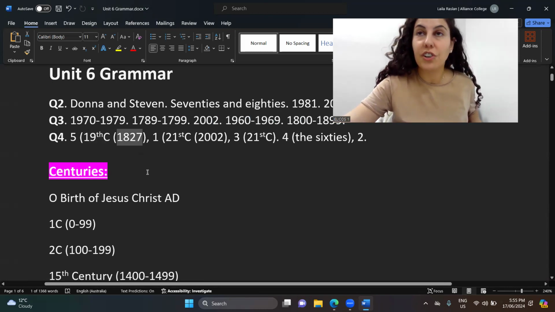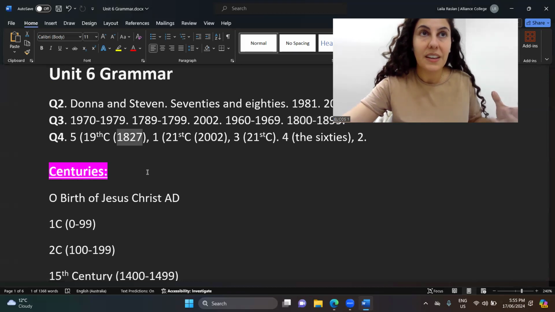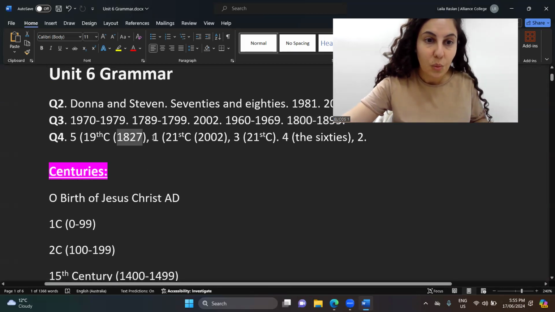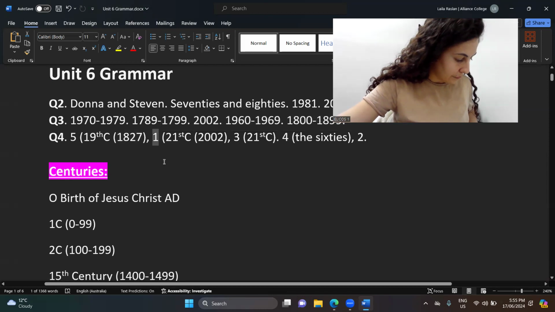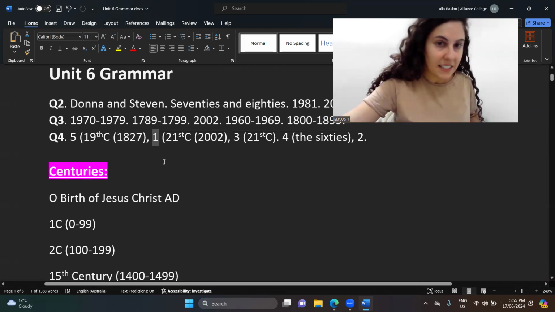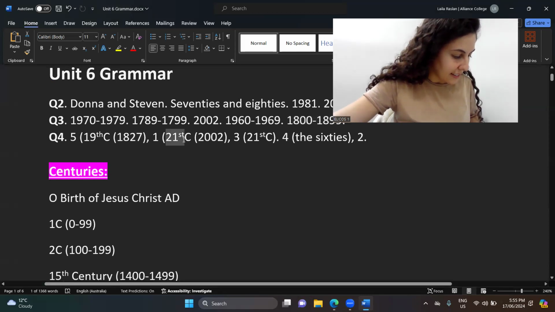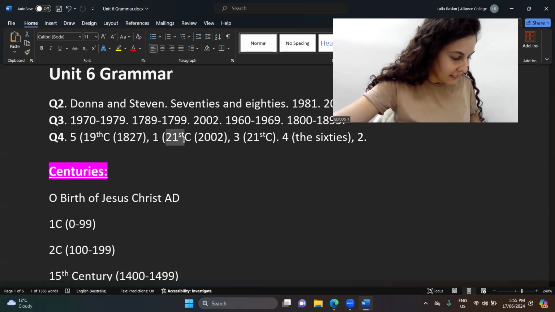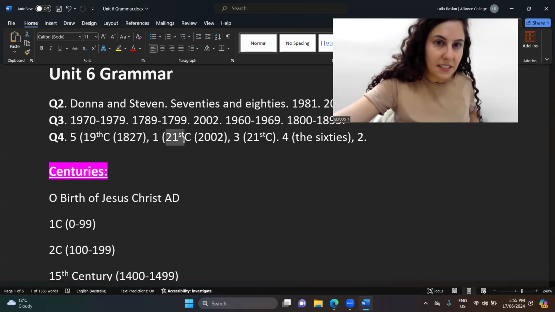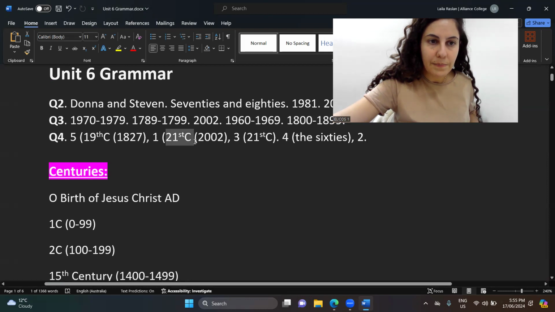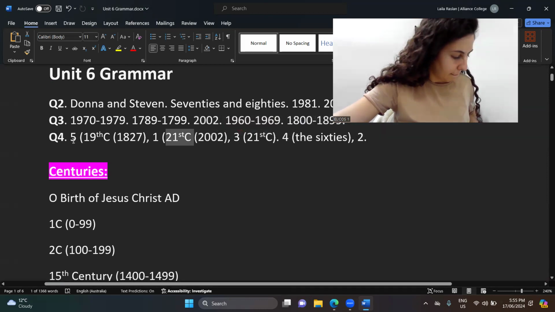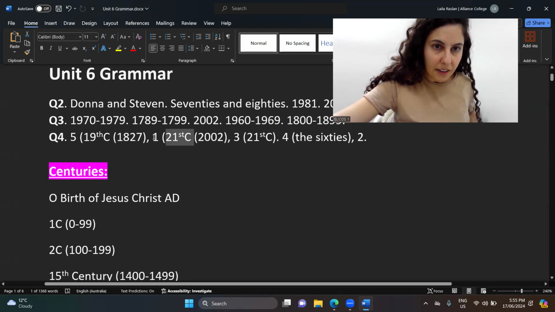The first euro currency, so in Europe, that's the money that they use, was in the 1970s. So the 1970s, the 70s. I don't think I have the answer here.